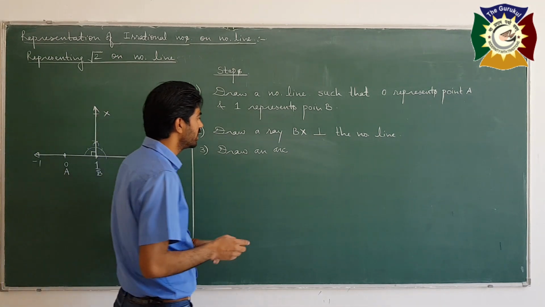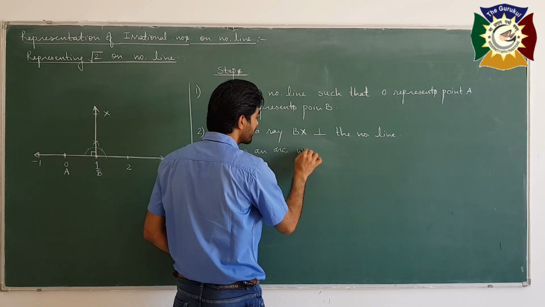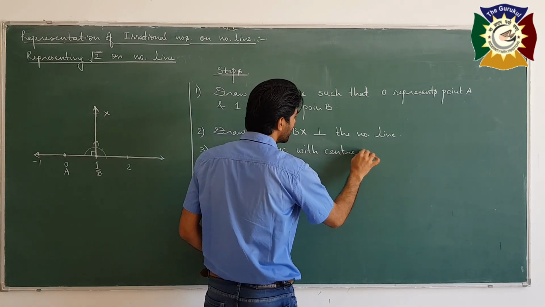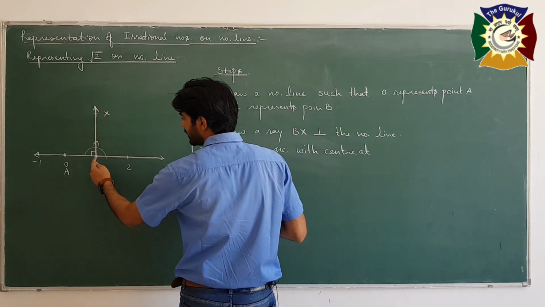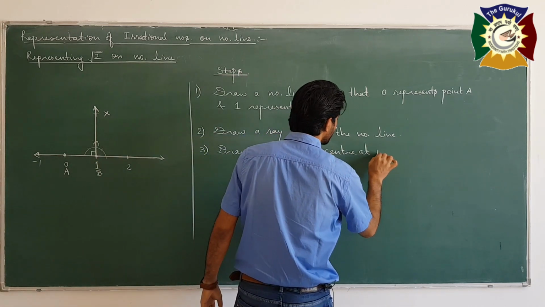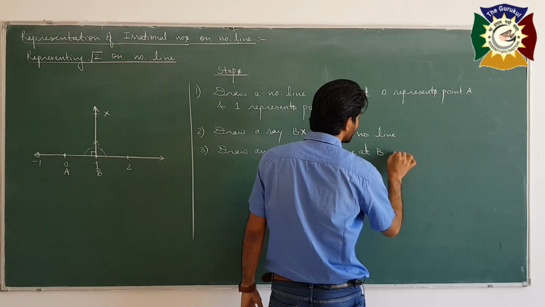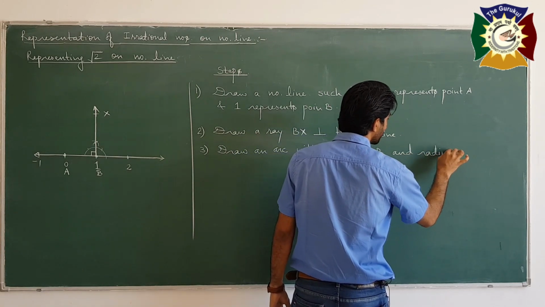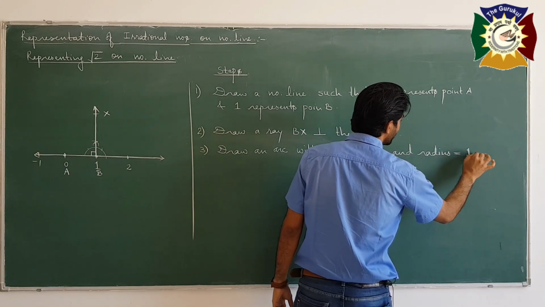So I am drawing an arc with center at B and radius equal to 1 unit.